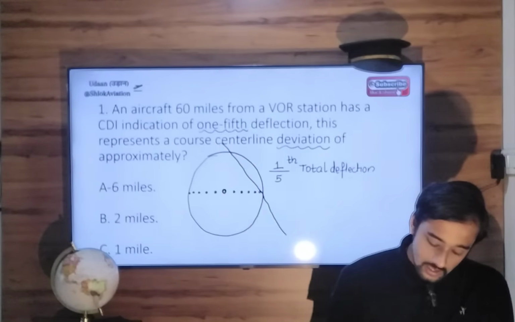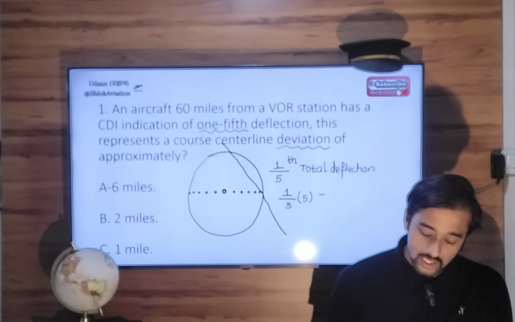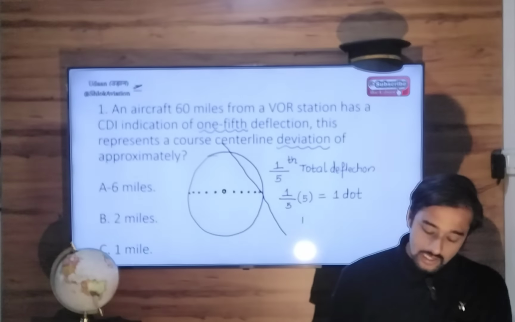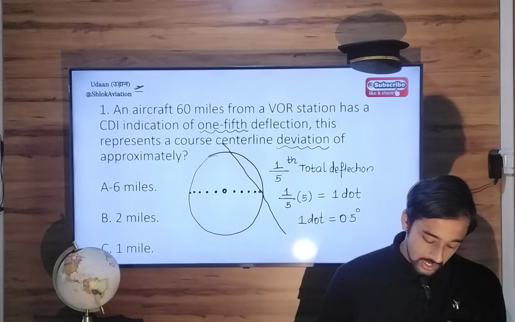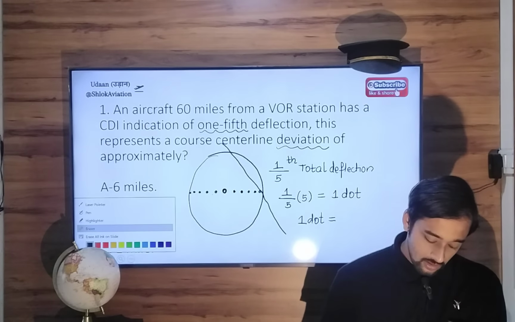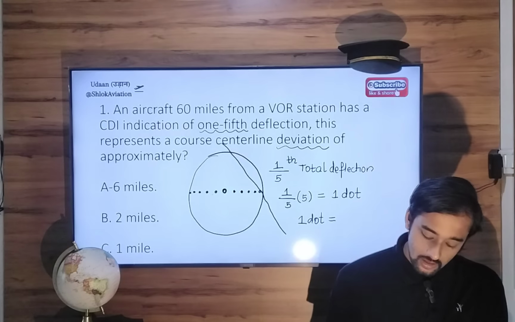So 1/5 times maximum 5 dots is how much? 1 dot. Now in case of a 5 dot indicator, 1 dot is equal to, correction, 2 degrees.